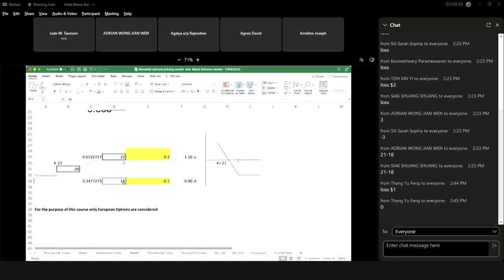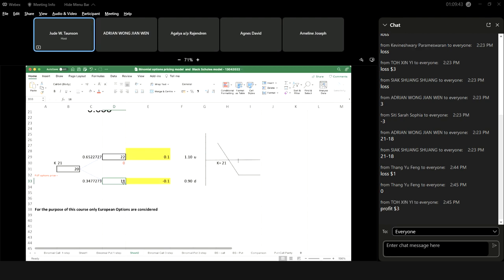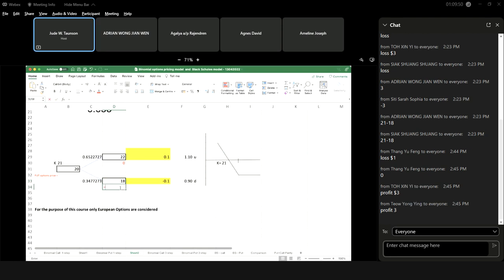Are we making profit? Yes, we make a profit of 3. Profit 3. Then 21 minus 18, 3. Agree?